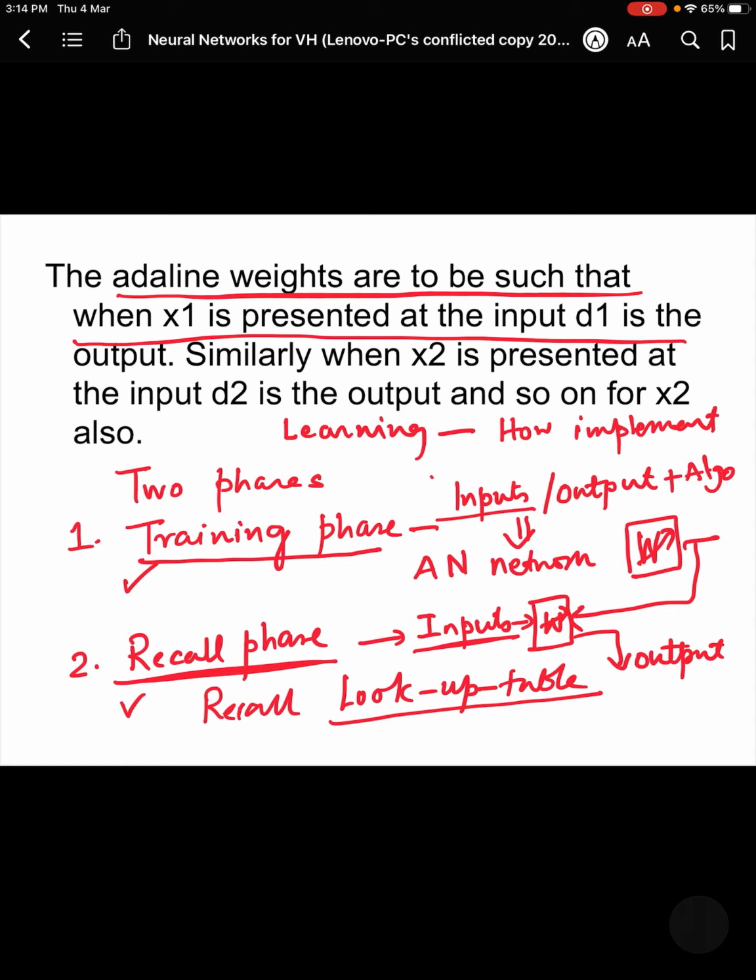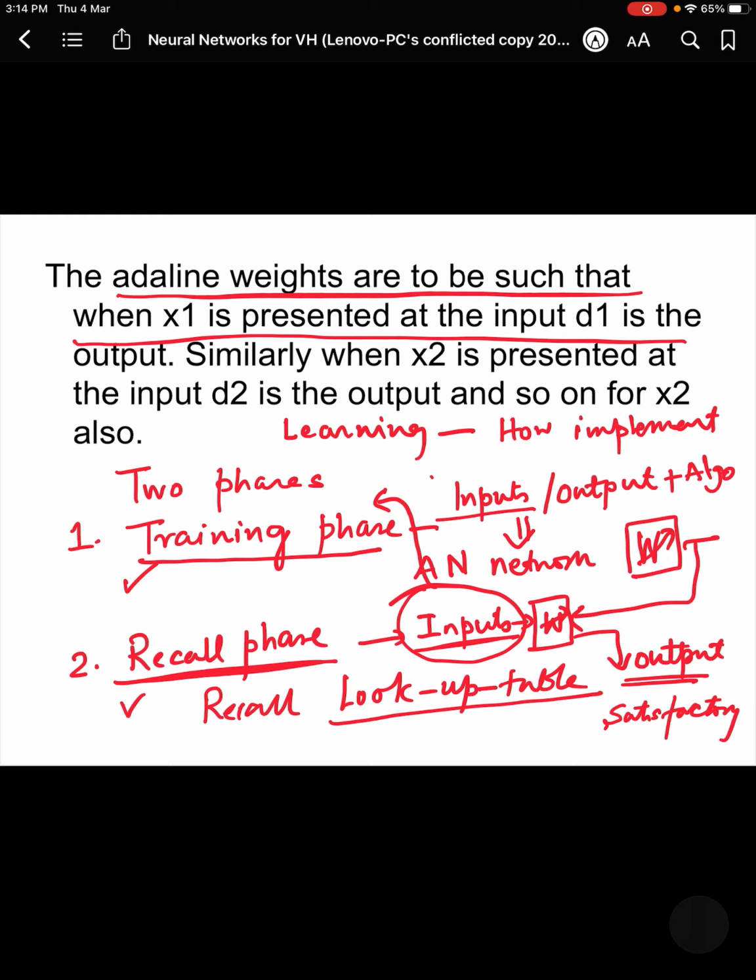In the recall phase we can supply inputs that were not used in the training phase, and for those inputs also we get output, which, if the network was trained and developed properly, would be satisfactory. That means the expected output would come. So that is what we can call the phases of a neural network.